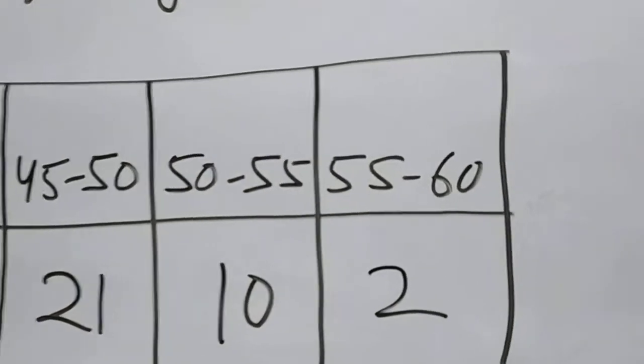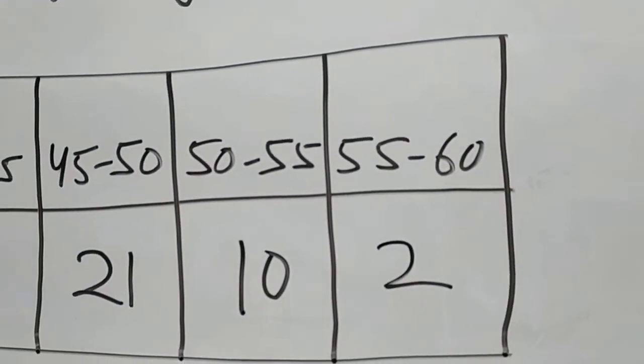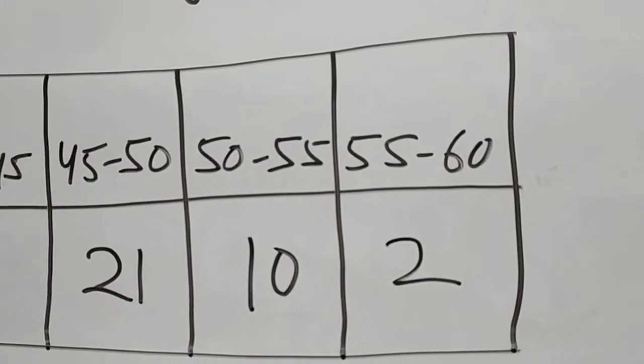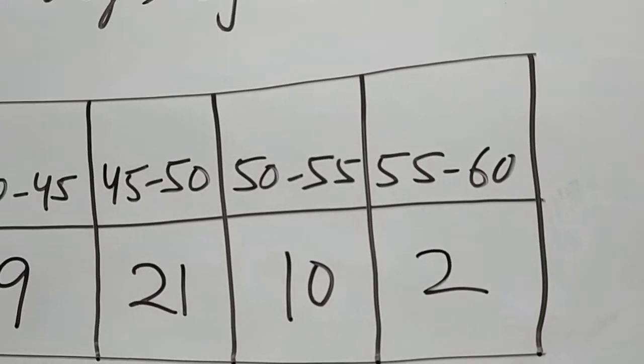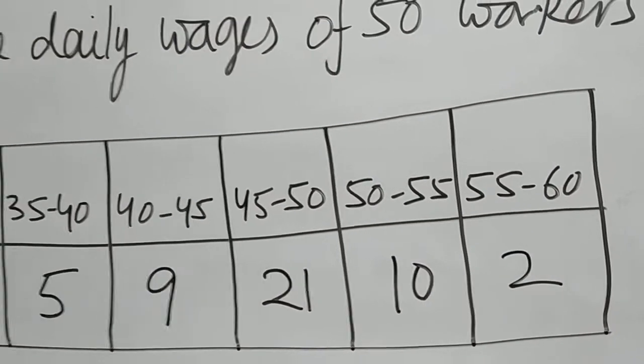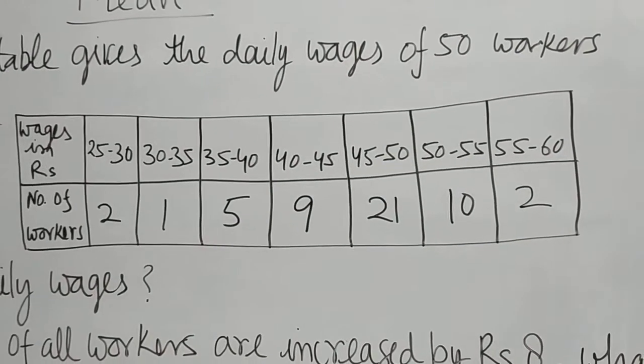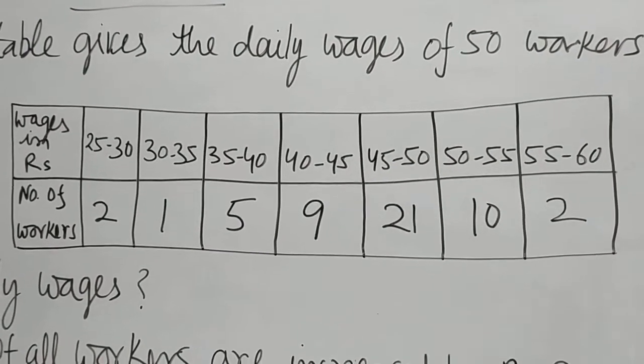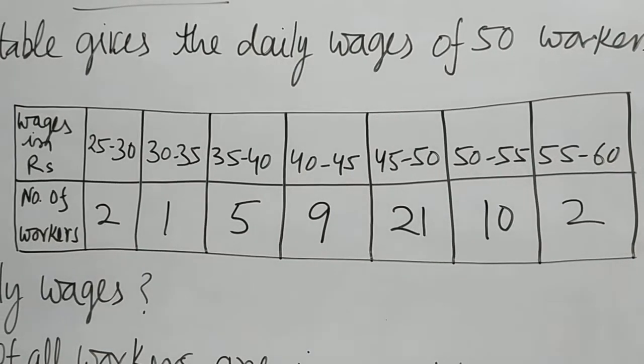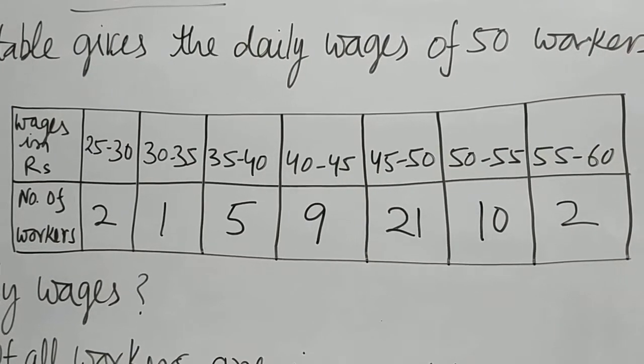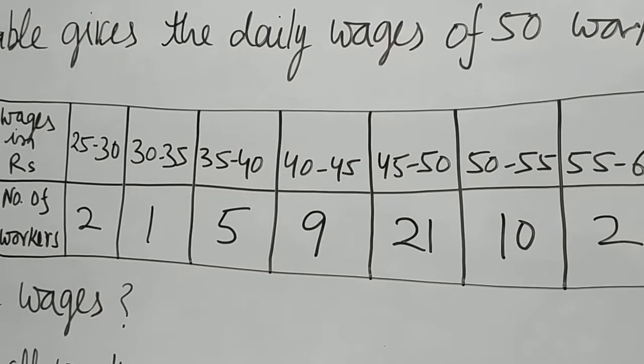Whereas 2 laborers are getting 55 to 60 rupees as a daily wage. Now I think a clear-cut picture of the daily wages of laborers will be in your mind.